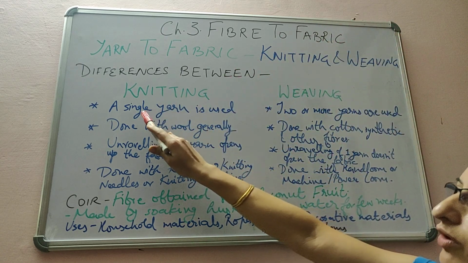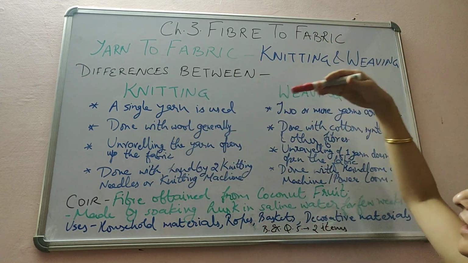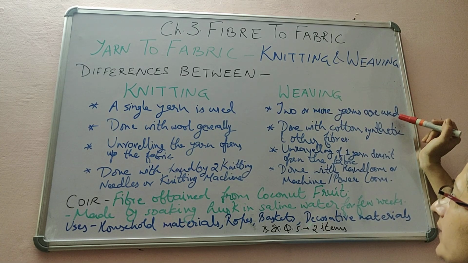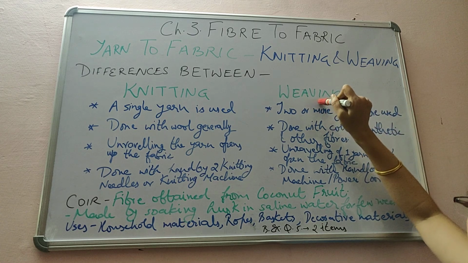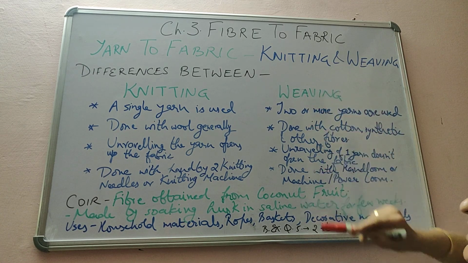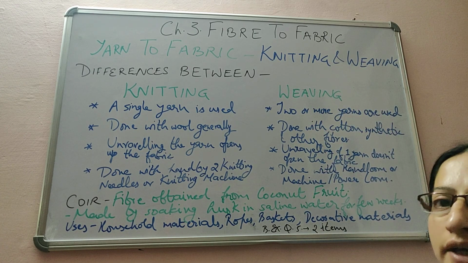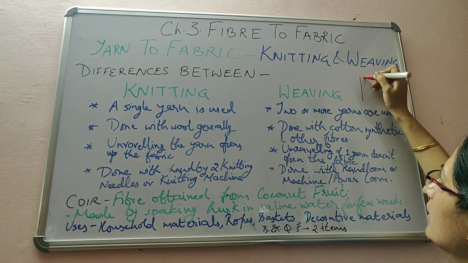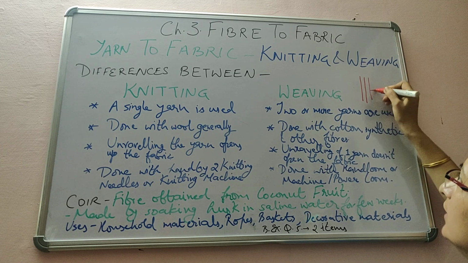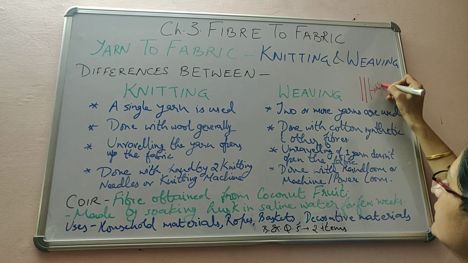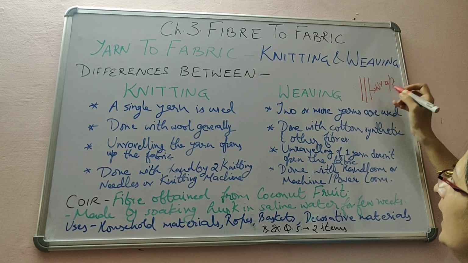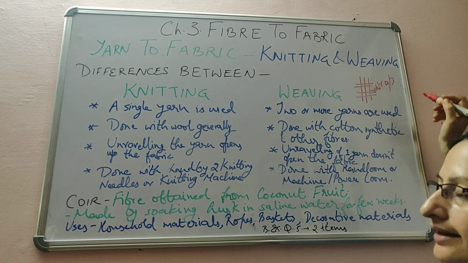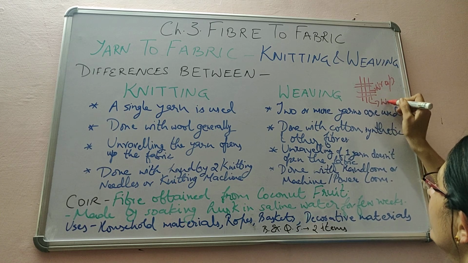Then knitting involves use of a single yarn, while weaving involves the use of two or more yarns at the same time, which we have discussed in the weaving process also. In the frame of that weaving we use some longitudinal fibers which are called warp, and we use some horizontal ones which are known as weft.